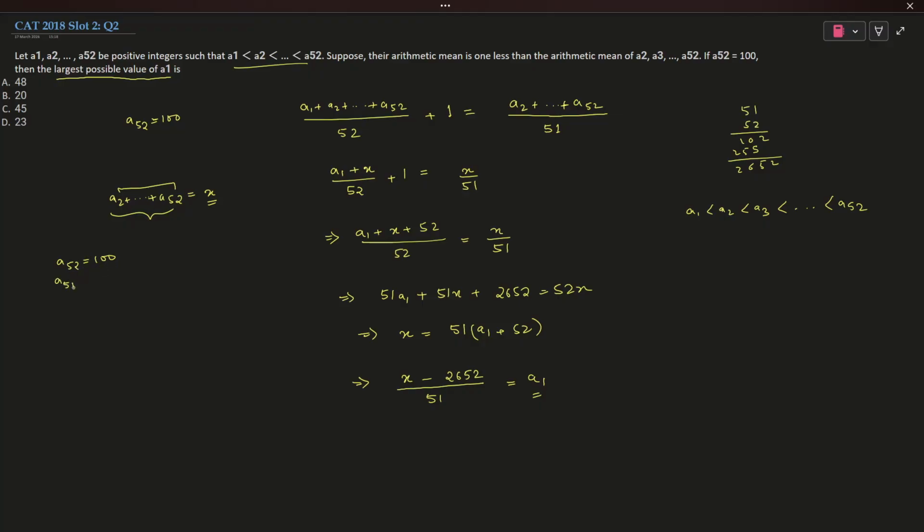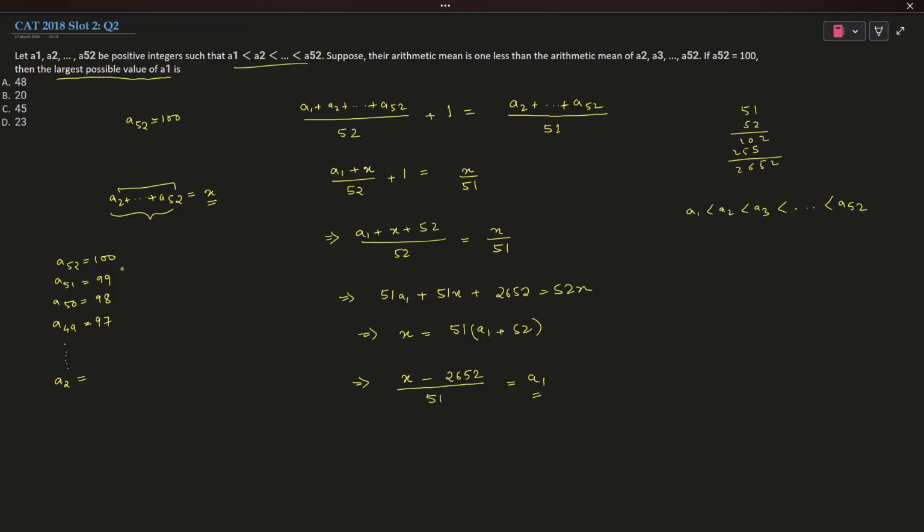So A51 I will take as 99, A50 I will take as 98, A49 I will take as 97, and so on. And then I will be having A2, right? What will be A2? How many numbers are there from 2 to 52? There are 51 numbers, right?